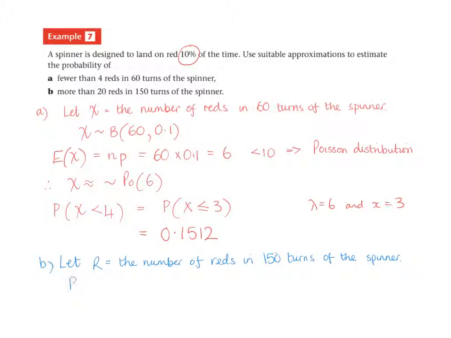So this time the variable R is going to follow the binomial because it's red or not red, n is 150 this time, and the probability of a red is still 0.1 and not a red is 0.9.